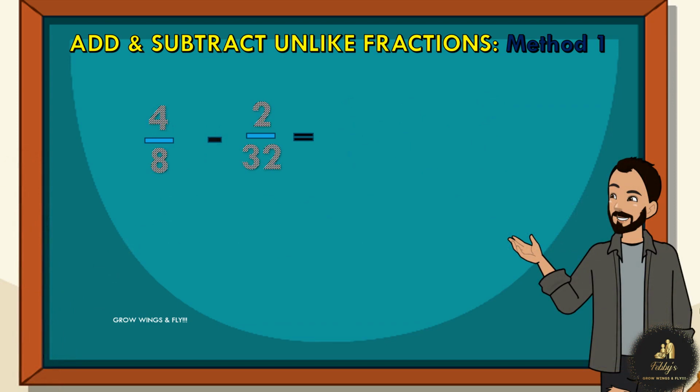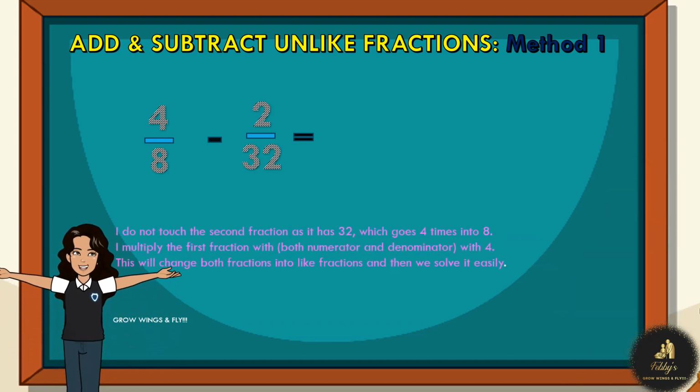Here's one for you to try, Angel. Remember, addition, subtraction, still going to be the same as long as they are made into like fractions. Yes, what I do is I do not touch the second fraction as it has 32, which goes 4 times into 8.